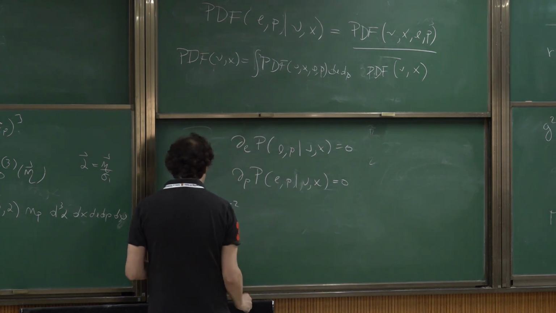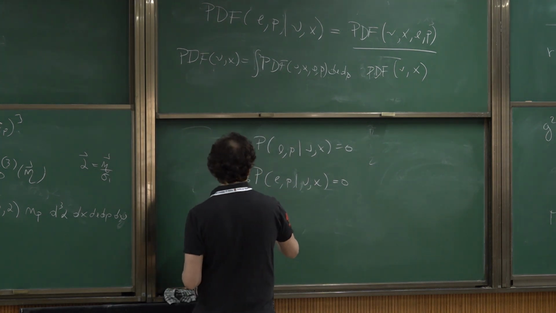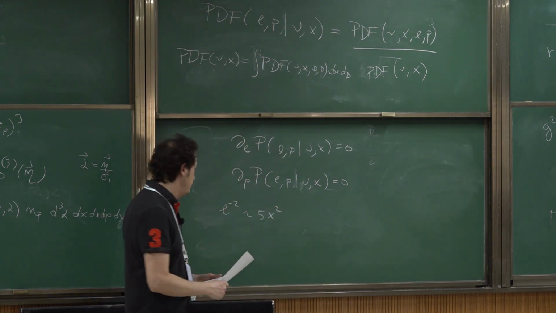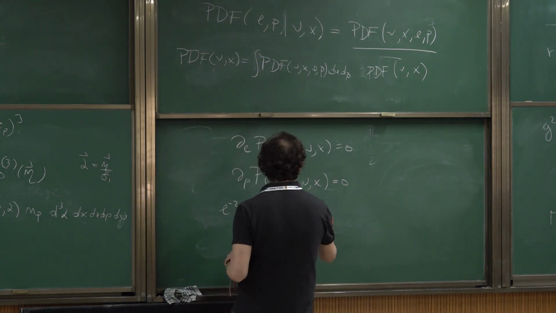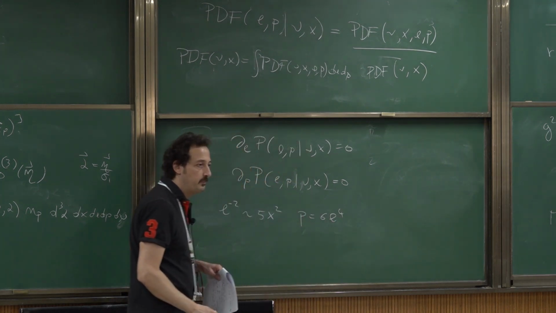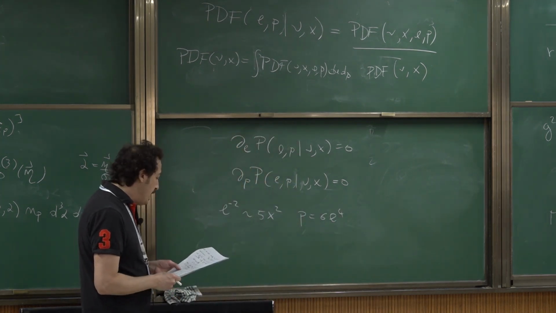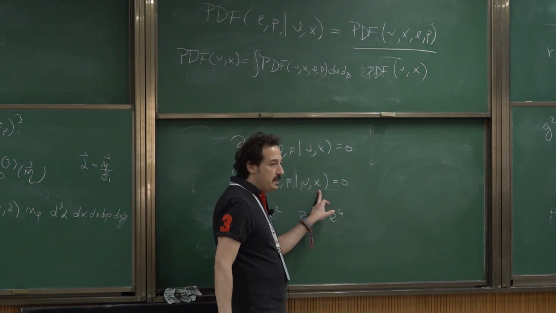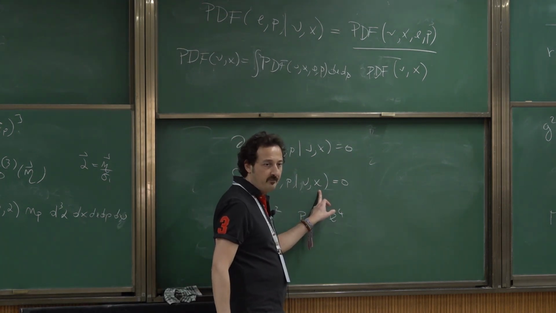In fact, e goes like 5 times x squared to the minus 2. So that means that it's very spherical, okay? And p, the prolateness, is 6 times e to the 4. So it's always much smaller than the ellipticity. And then you ask, okay, but which one is the maximal probability of having a value x?